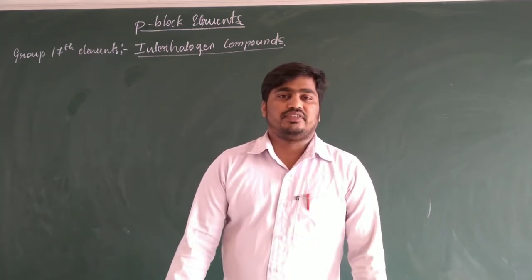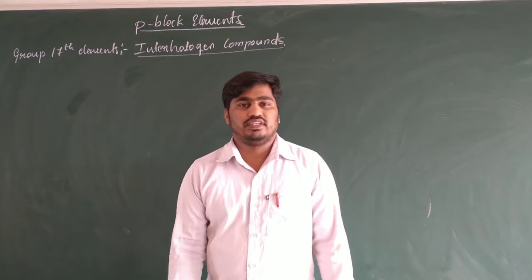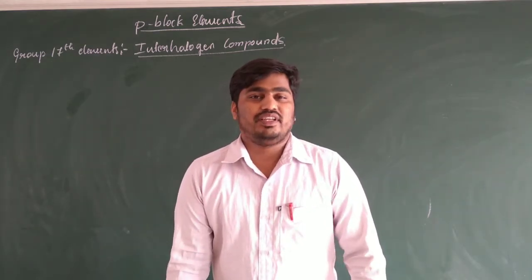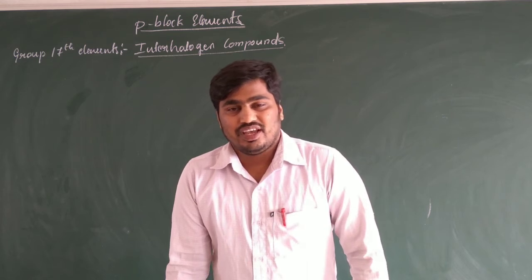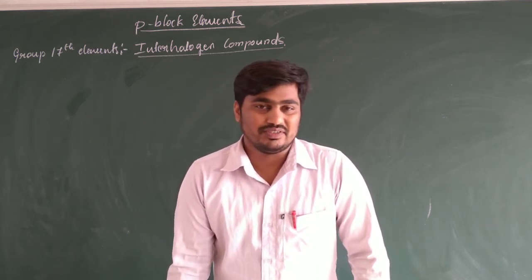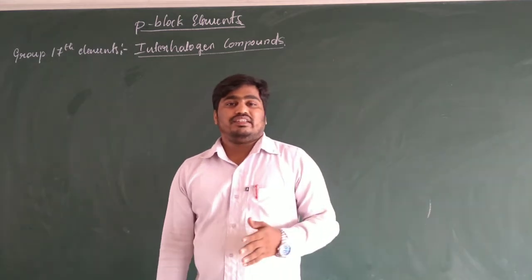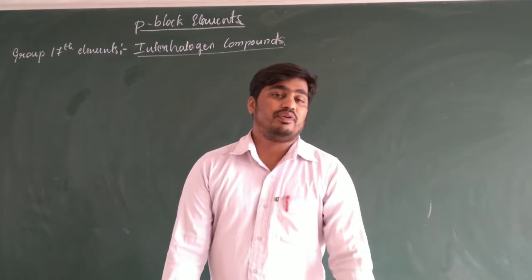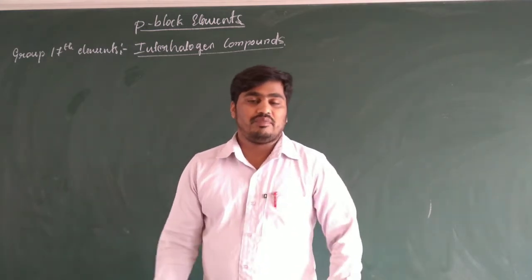In the previous session, we discussed the compounds of group 17 elements. The group 17 elements are nothing but halogens. Halogens are fluorine, chlorine, bromine, iodine. These fluorine, chlorine, bromine, iodine form very interesting compounds.